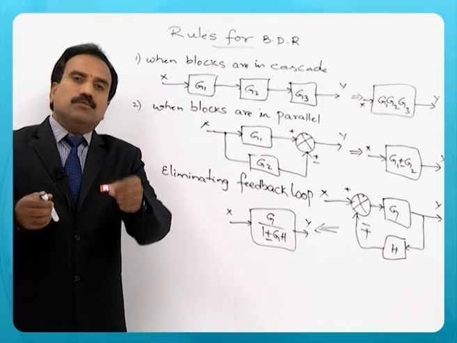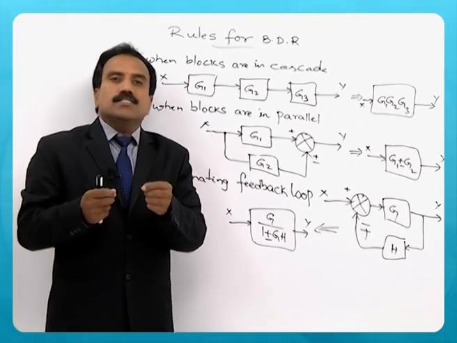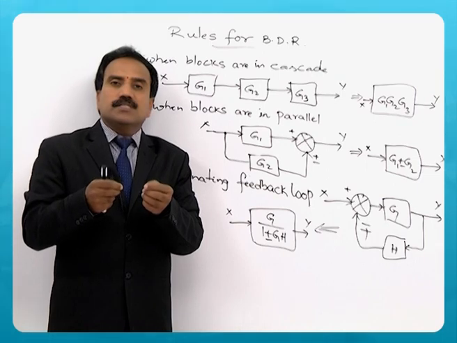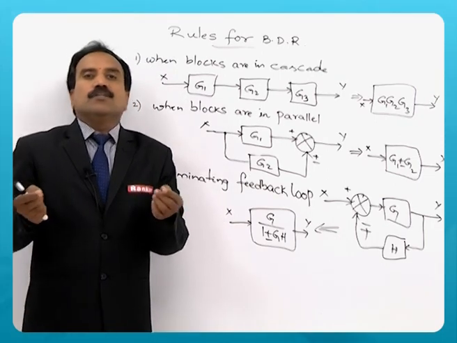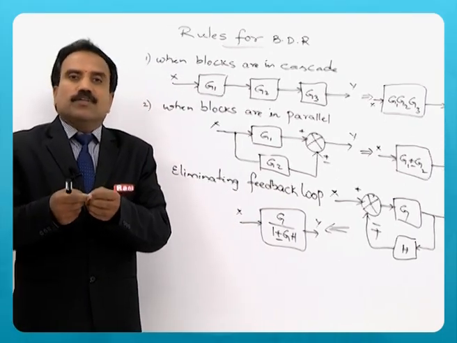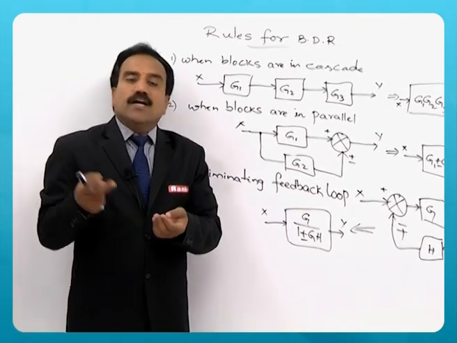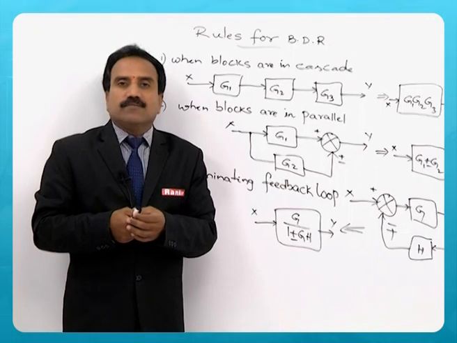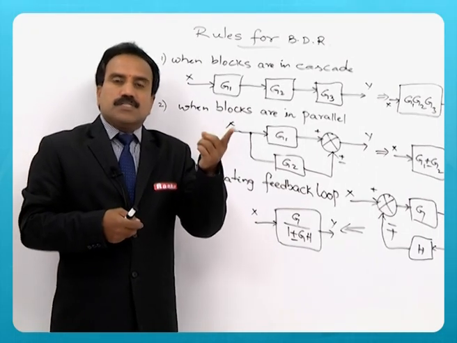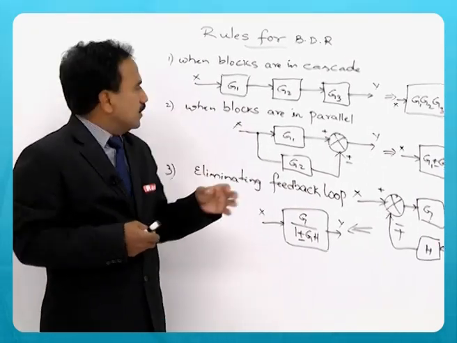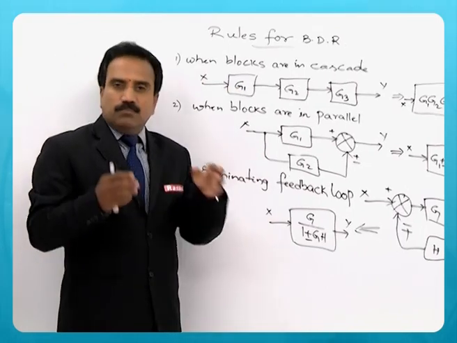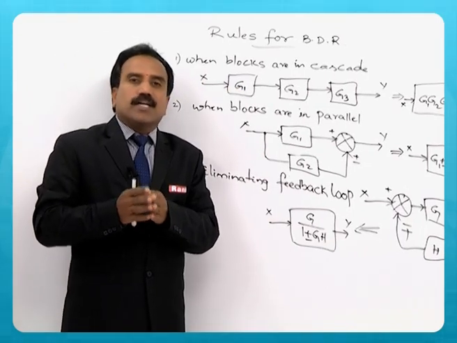So, when you apply the transformation, definitely certain components will come in series and in parallel, so that you have to add them. If they are parallel, you have to find out the equivalent. Then if necessary, another rule has to be applied. That is why, as in networks, series and parallel, these three rules are the basic rules of block diagram reduction.